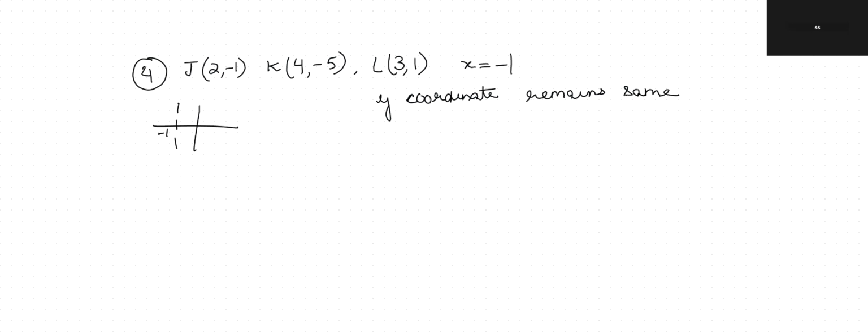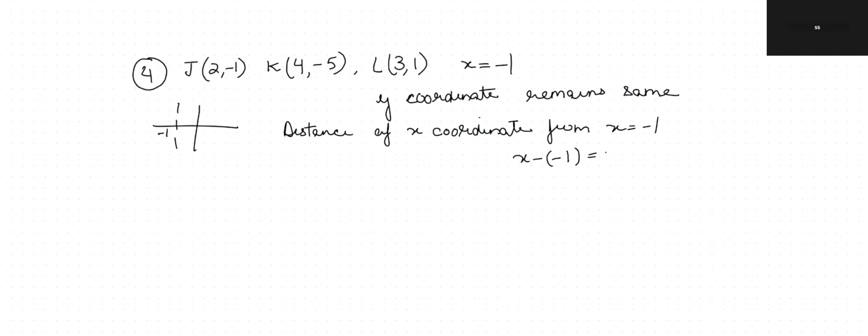Okay. And now, first thing is we find the distance of the x coordinate from the line x equals minus 1. So that will be x minus minus 1, so it is x plus 1. Okay.